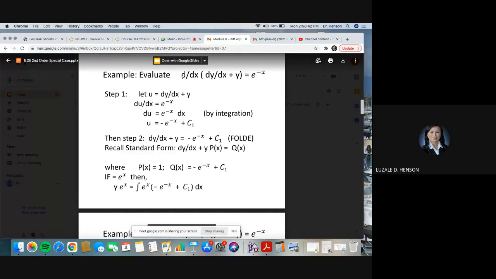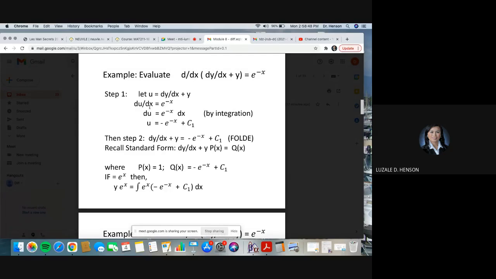You're going to transpose dx to the other side so that it will now be ready for integration. And the integral of du, of course, is u. The integral of this, you have a negative x there, so that will give you negative e to the negative x plus c sub 1, after integration.